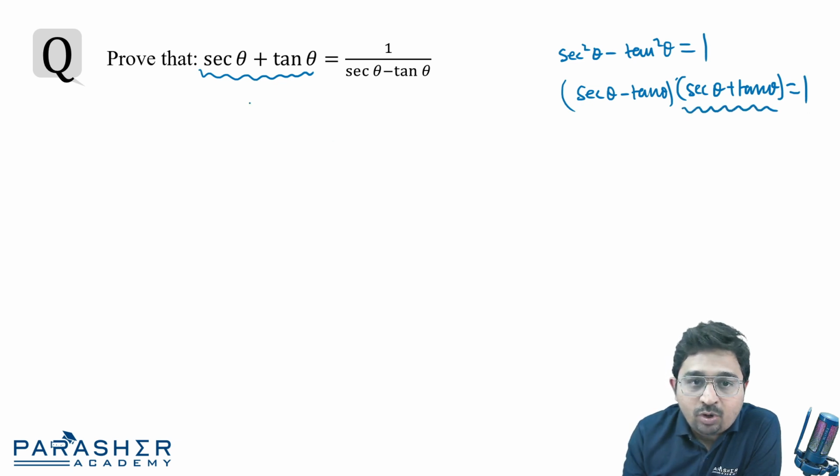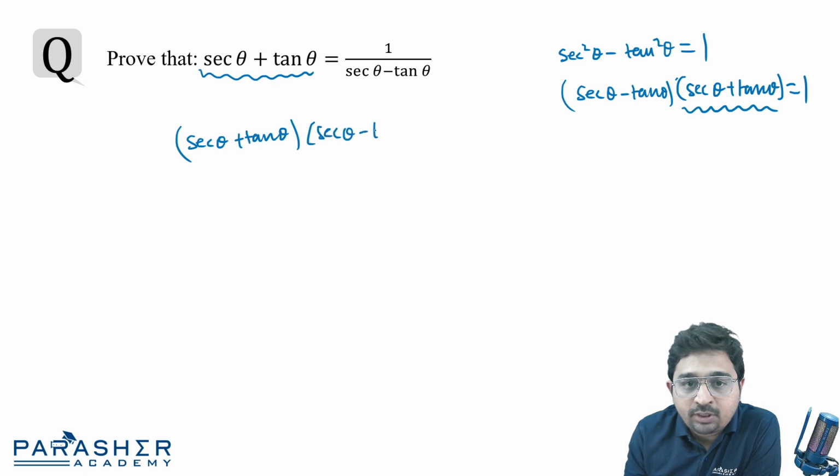Correct? So what I'm going to do is multiply numerator and denominator by secant theta minus tan theta. That's what I'm going to do. Secant theta plus tan theta into secant theta minus tan theta by secant theta minus tan theta. This is LHS.